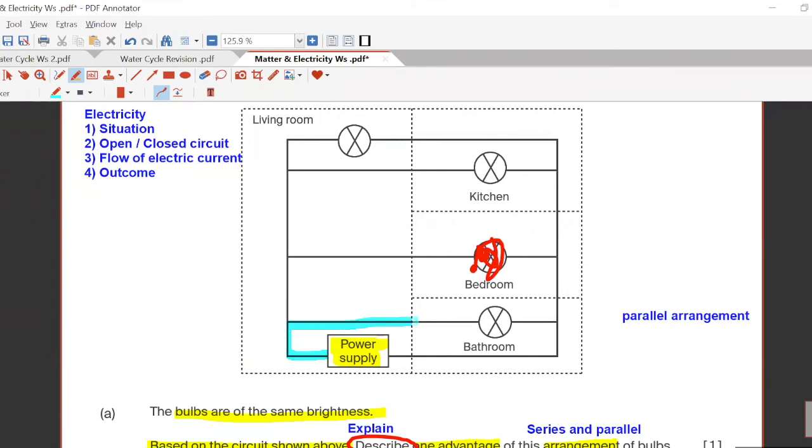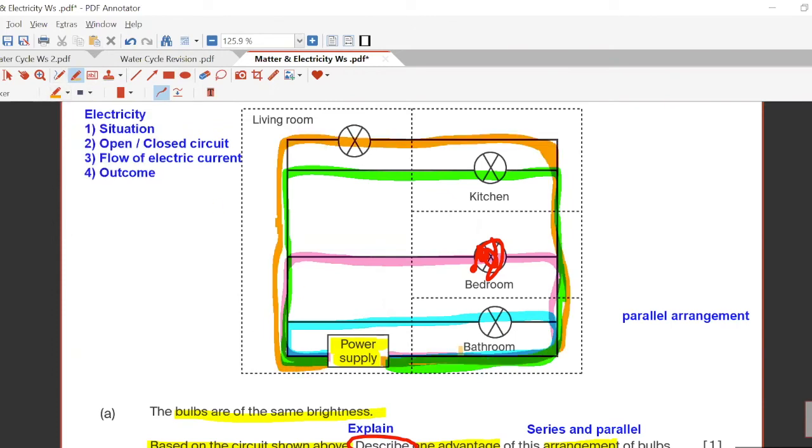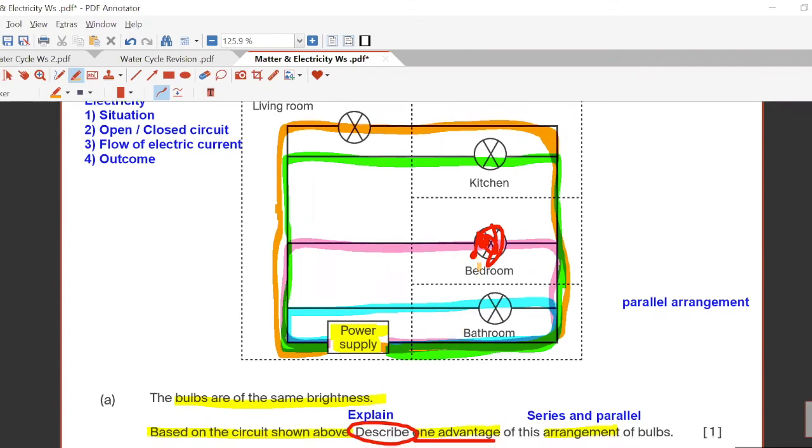One closed circuit is this one. Can you draw your closed circuits, please, for all the 4 places? Again, as I said before, start from the power supply, end at the power supply. So it's important to identify where is my battery source. Now, if one bedroom doesn't work, then we have bathroom, kitchen, and living room. All can still work, because I have closed circuit after closed circuit.